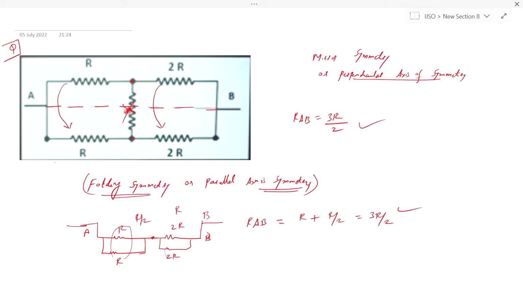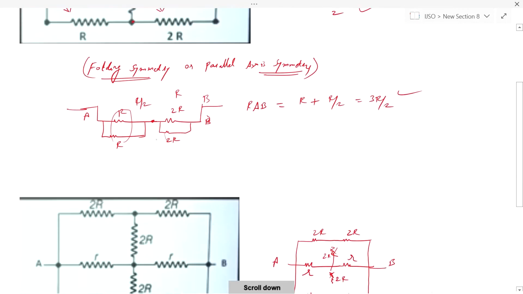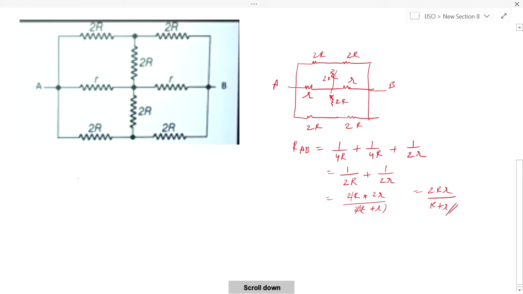Copied. Okay. So now we will try this question also by folding symmetry, or parallel axis symmetry.